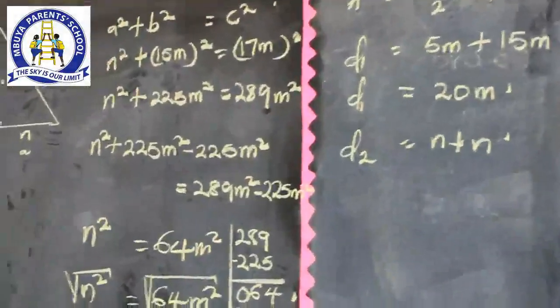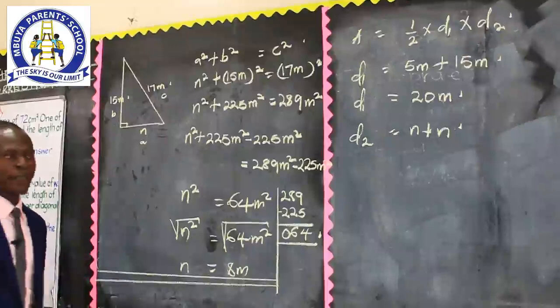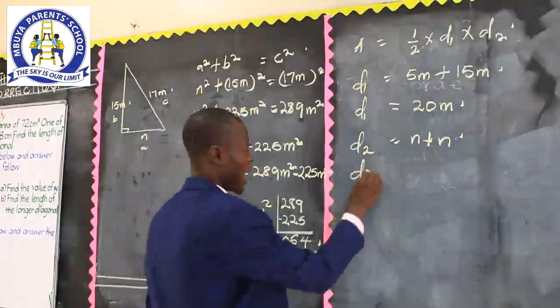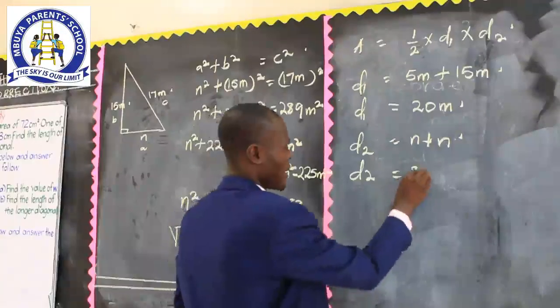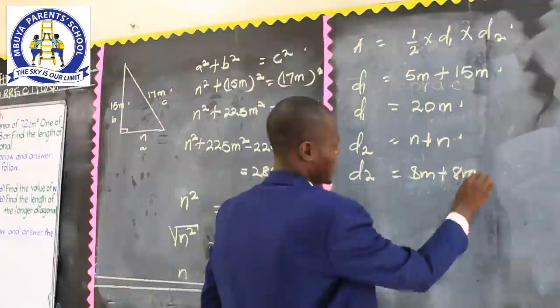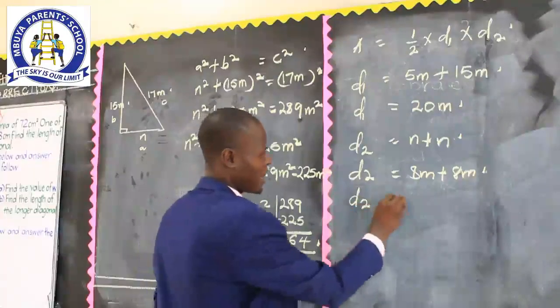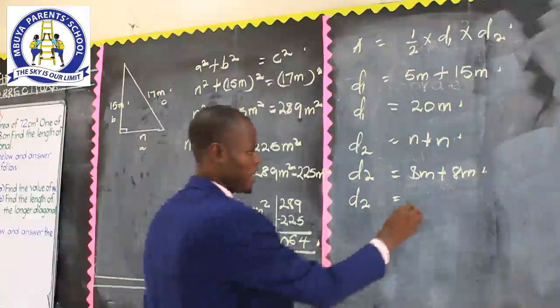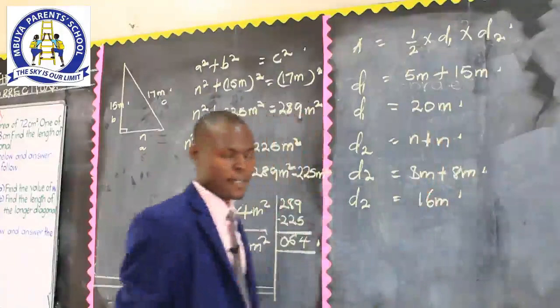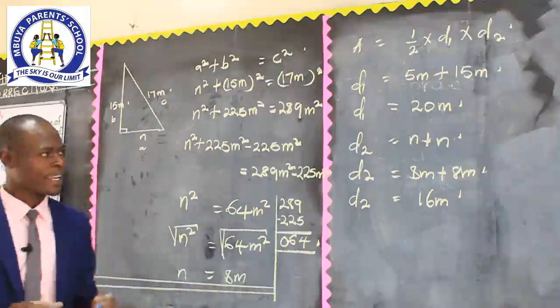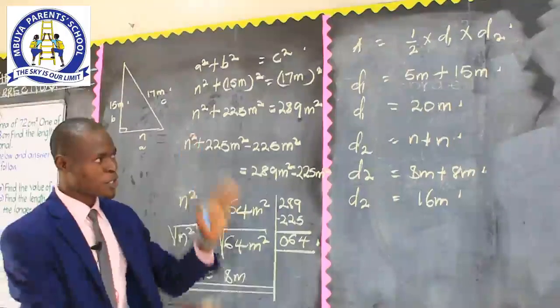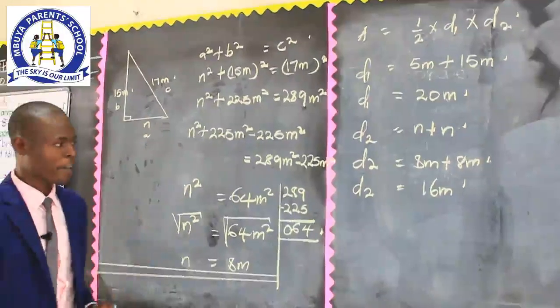Back to the value of n. We've gotten the value of n as 8 meters. So our minor diagonal shall be 8 plus 8, which will automatically be 16 meters. I like it when you show the working. I really love it when you show how you're coming up with the final answer.